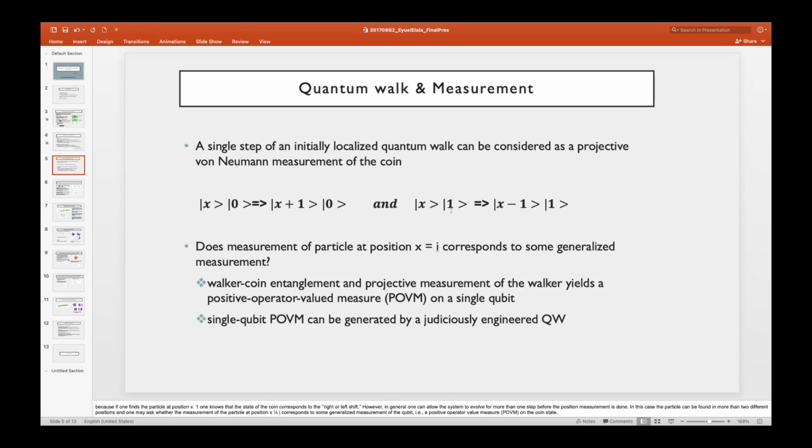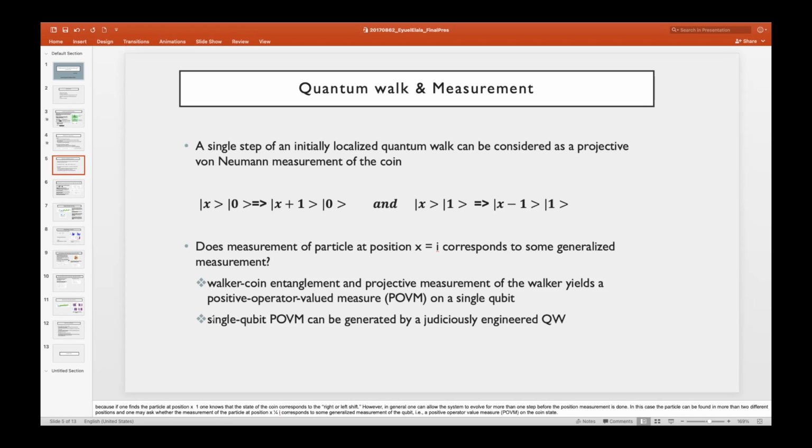For a more complicated case, we can design the algorithm by applying a certain coin rotation at a certain point, and then infer the initial state of the coin by doing a measurement on the Walker state.